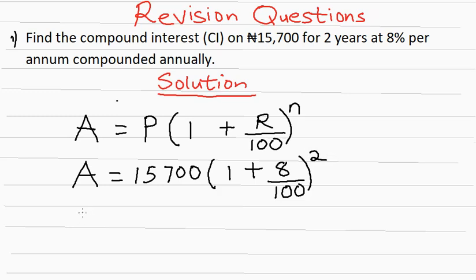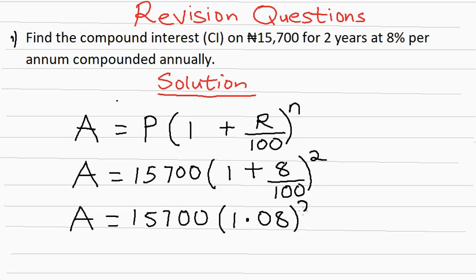So let's solve. So here I have amount is 15,700. Of course if you do this directly, 8 divided by 100 is 0.08, and 0.08 plus 1, that is 1.08. You can confirm that with your calculator. 1.08, of course, raised to the power of 2.